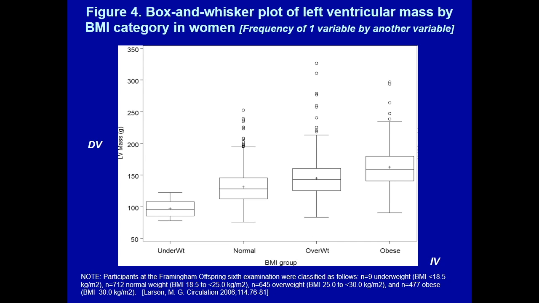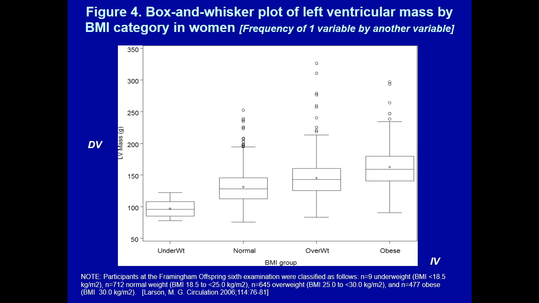So you can see that in our underweight category, our box is narrow and the whiskers are narrow. That's because there were only 9 individuals who fell into this category, so it makes it very narrow, and their values were close together. The normal group has a bit bigger of a box, similar in size, I would say, to the overweight and obese groups.